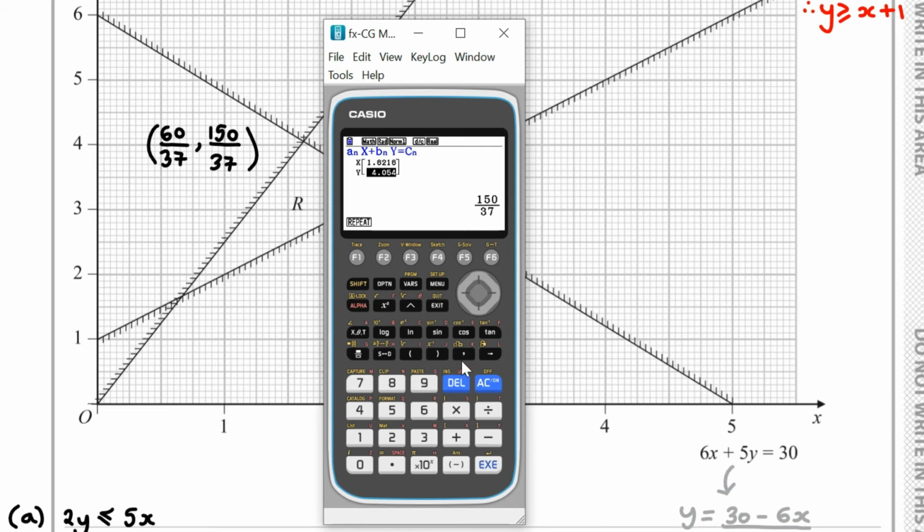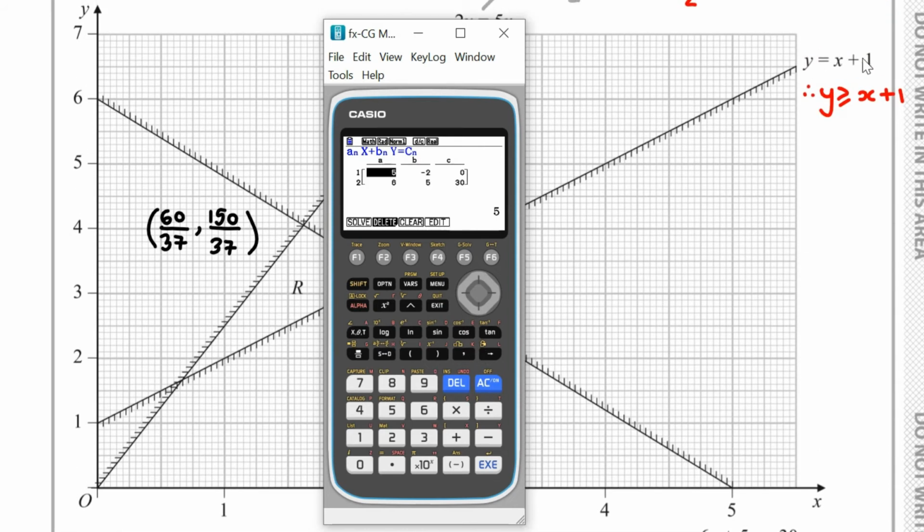So if we go back, we are solving y equals x plus 1, so here we've got 1x minus y equals minus 1. If we solve those simultaneously, we get 25 over 11 and 36 over 11.